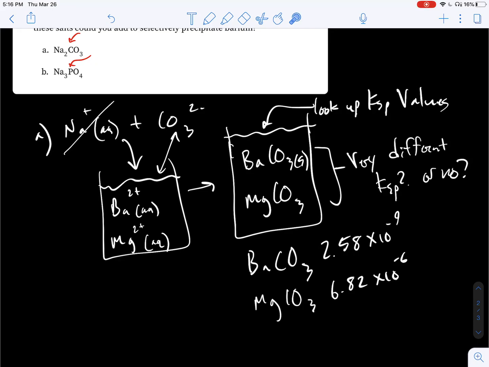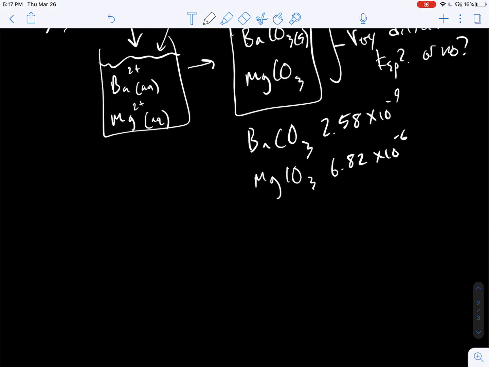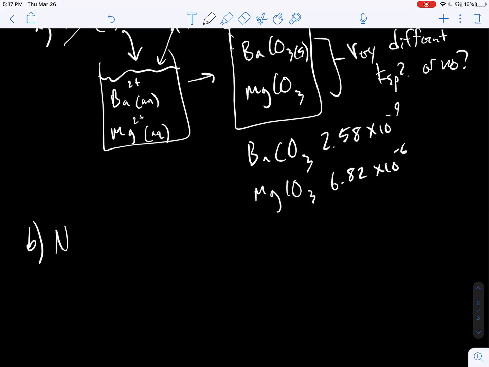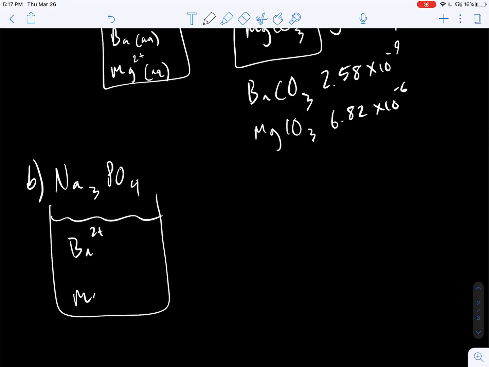Okay, let's look at the sodium phosphate example. So B. Same thing, I'm going to add that to a solution of barium and magnesium. What are the two compounds that could form?